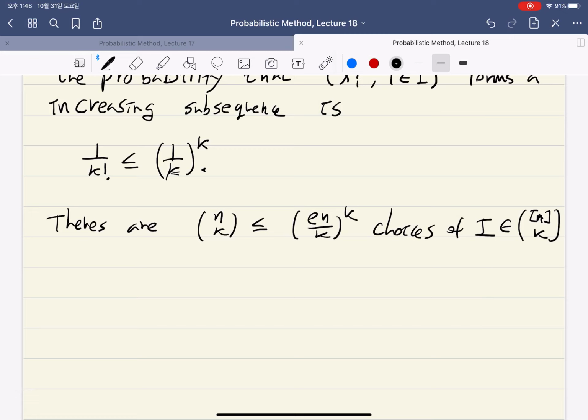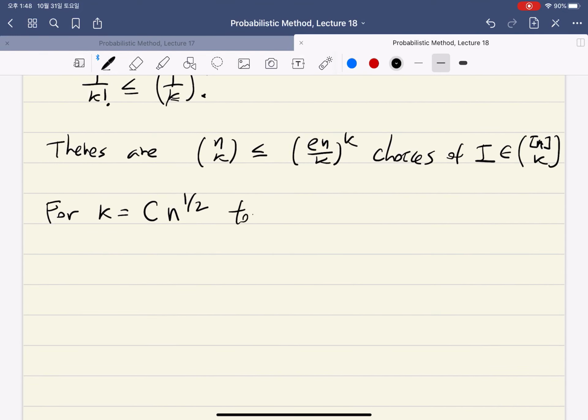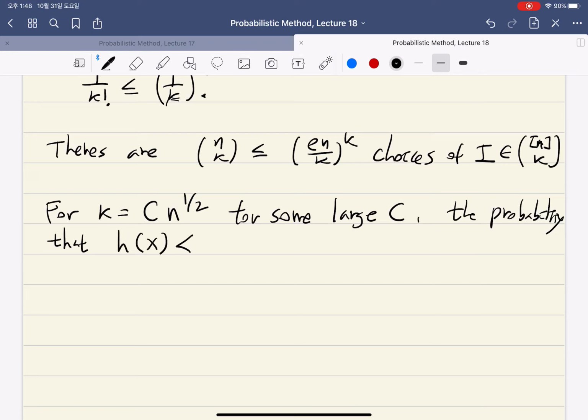So if you let k be a large constant times n to the 1/2, then the probability that h of x is smaller than k, meaning that there is no increasing subsequence of size k, is at least 1 minus 1 over k factorial times n choose k.